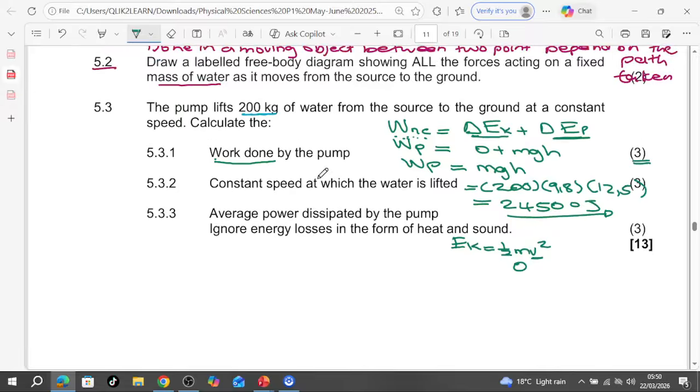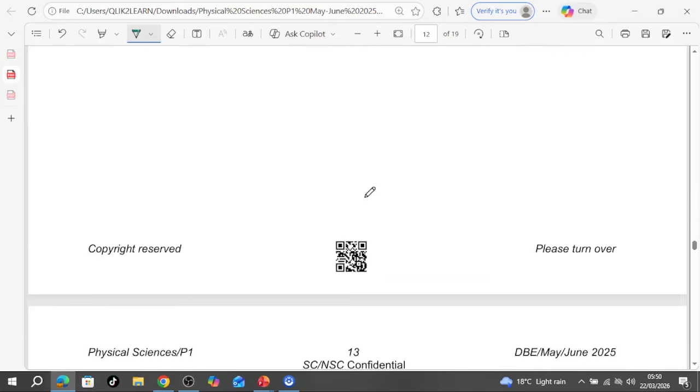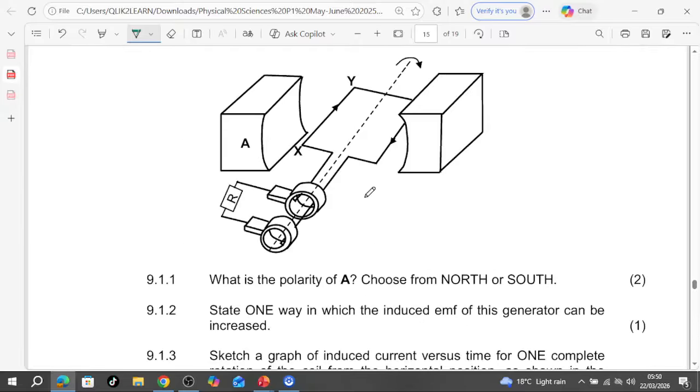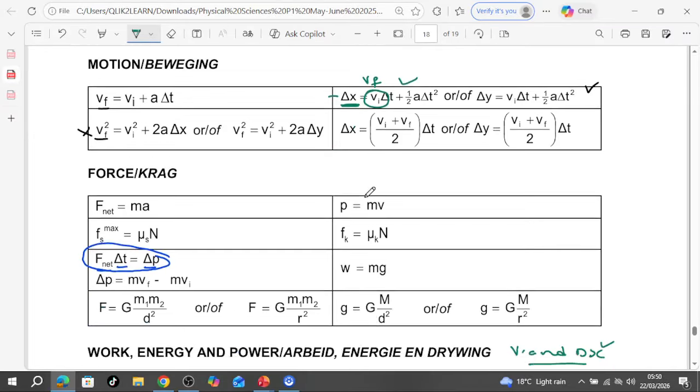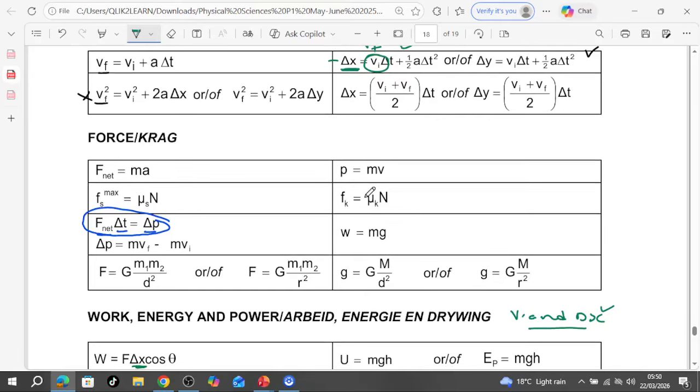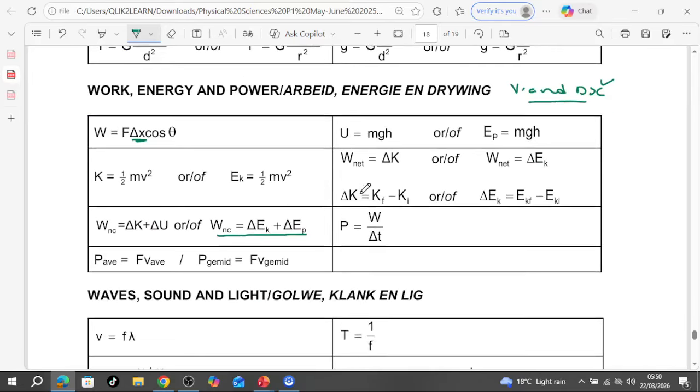But guys, let's look at this formula here. Let's say you are in an exam and you don't understand that the work done by a non-conservative force applies, then you consider using this formula.